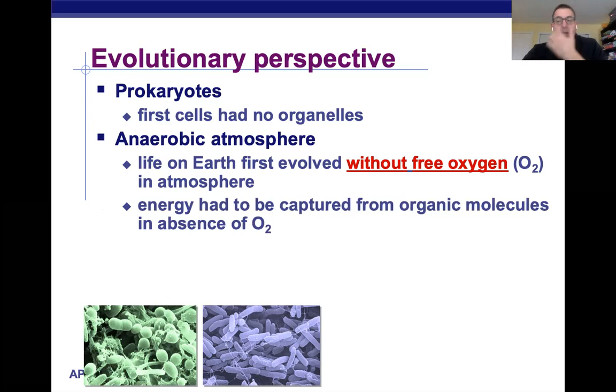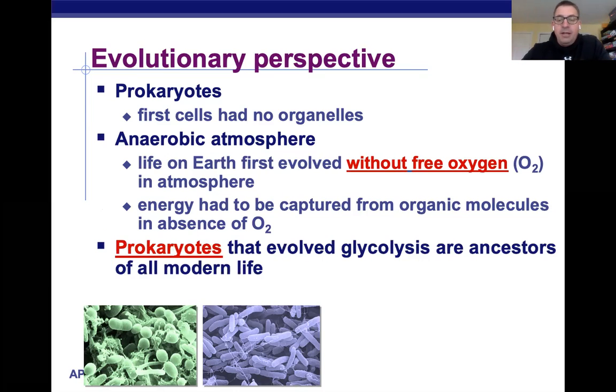So the energy found in those organic molecules that these prokaryotes were taking in had to be captured without any oxygen being present. Some prokaryotes evolved the process of glycolysis, and those would be the ancestors of all modern life. All cells today still use glycolysis.